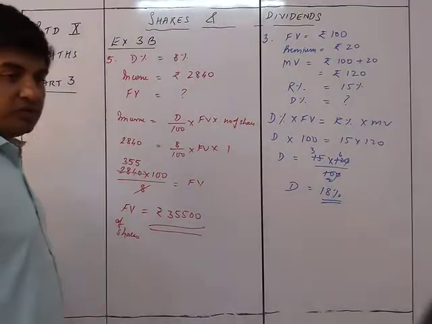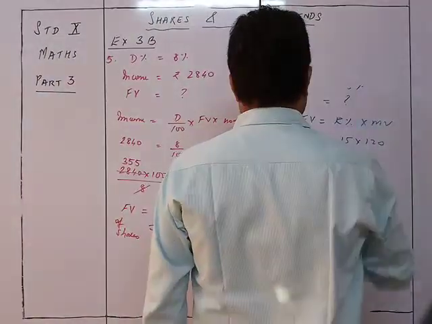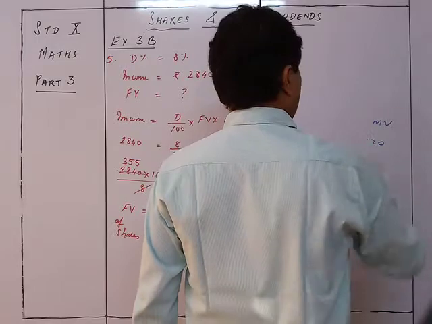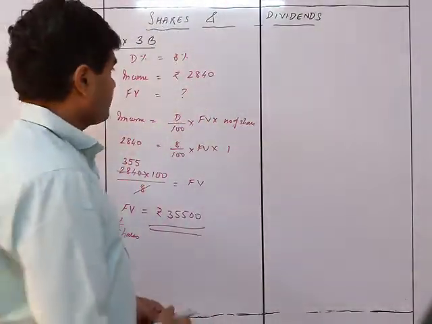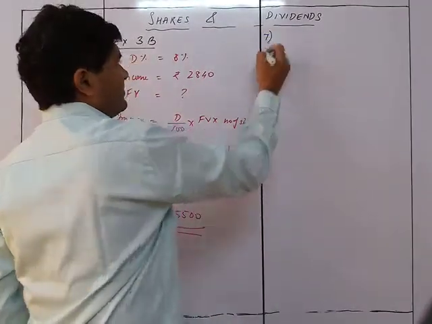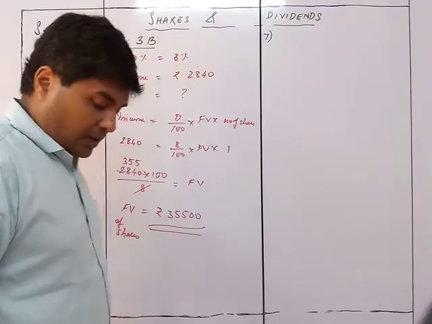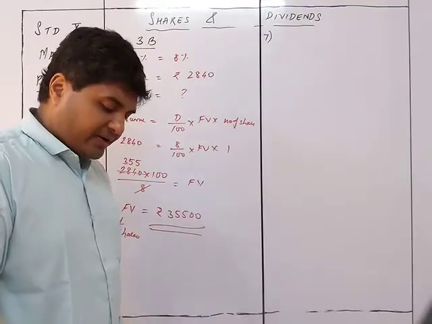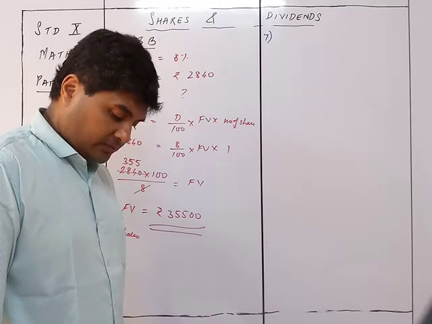We move ahead to question number 7. Question 7. A company declares a dividend of 11.2% to all its shareholders.